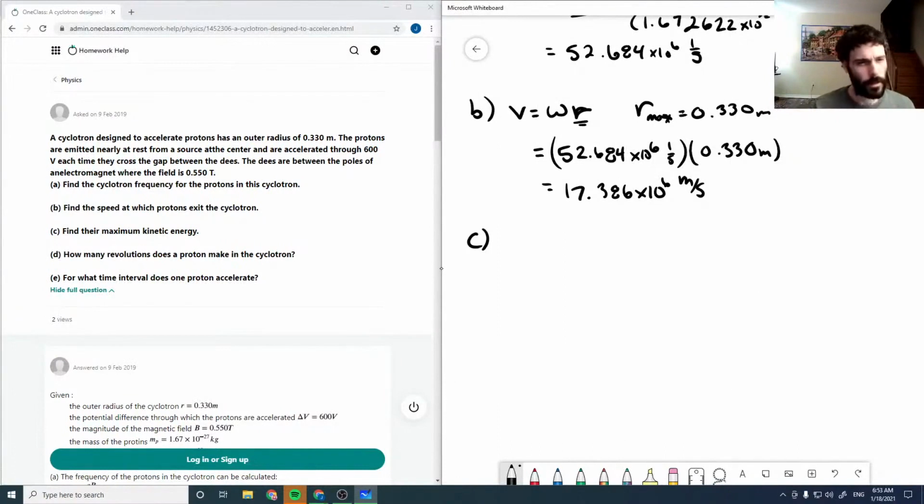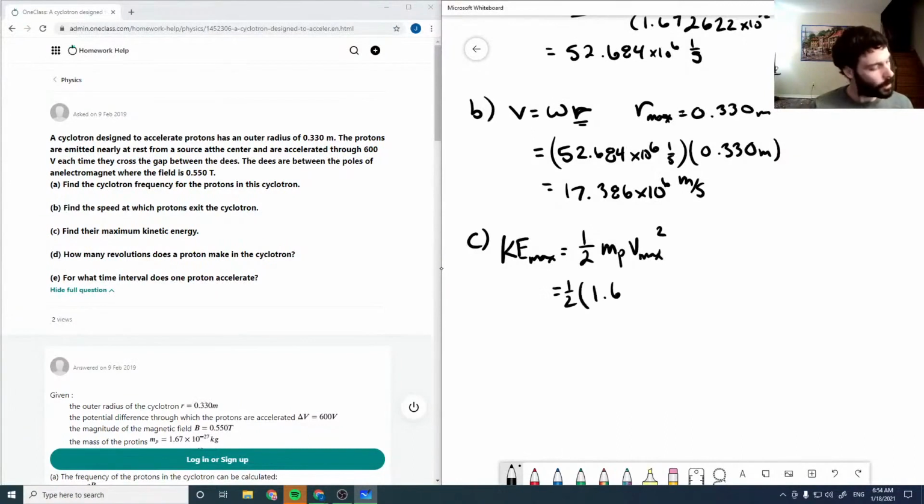So that C, find their maximum kinetic energy. So kinetic energy at max would be 1/2 the mass of a proton times our Vmax squared.